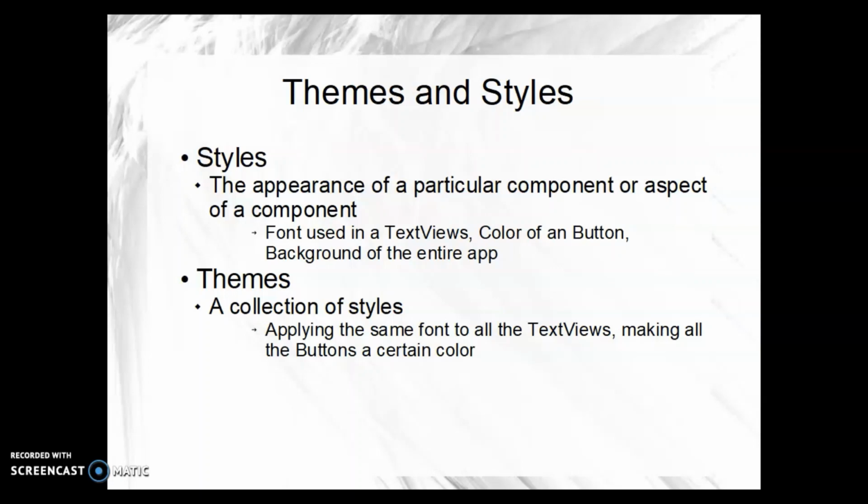When we put a whole bunch of styles together, such as making all the buttons in an app blue, or using Times New Roman font in all the text on an app, that's when we have a theme. So styles are how a particular thing looks, and themes are collections of styles. Let's jump over to Android Studio and see how this goes together.